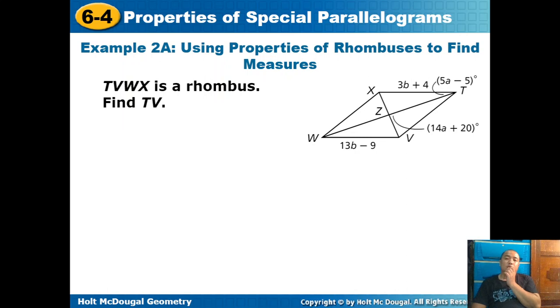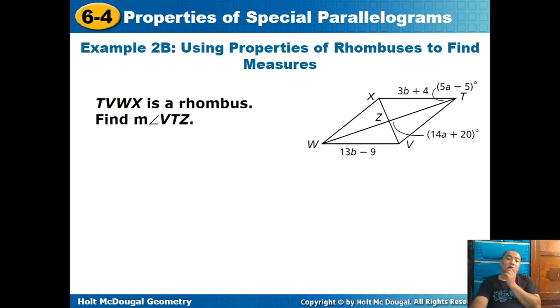Then by transposition, we have 10b equals 13. 13 divided by 10, b is 1.3. So 1.3 times 3 plus 4. 1.3 times 3 is 3.9, plus 4 is 7.9. So TV is 7.9.